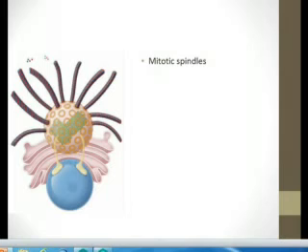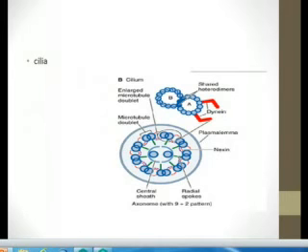A similar structure is also present within the basal body. Each basal body is present at the lower side of the cilia, and the cilia has the structure of 9 doublets at the periphery.